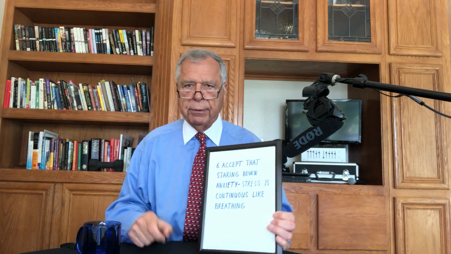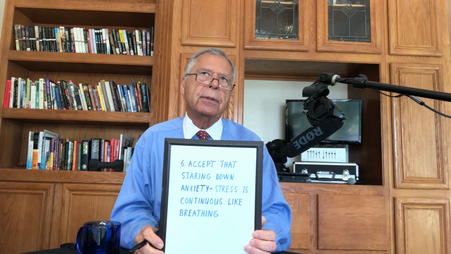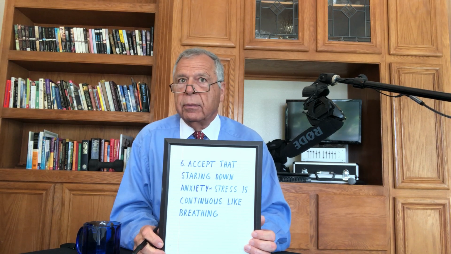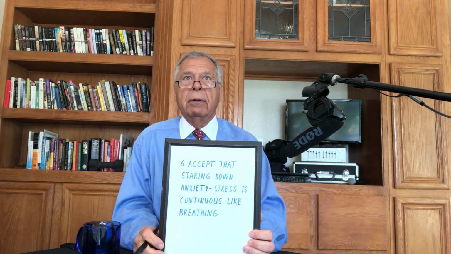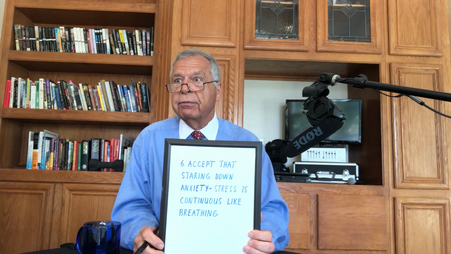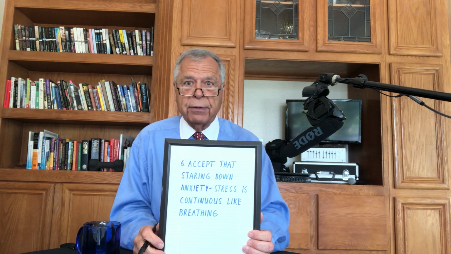The final thing I want to leave you with in this quick presentation is a general acceptance that stressful events are part of life. They just are. We're not going to go through life and eliminate stress. That's eliminating living, basically. Stress can come from financial, relational, physical, spiritual, political, social sources. There are so many different sources of anxiety.